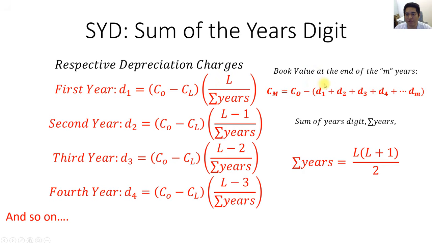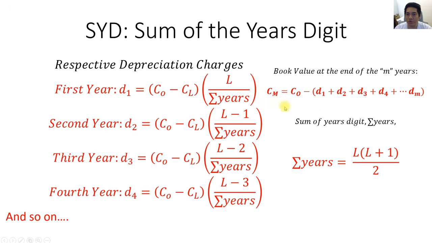So how about the book value? The book value can also be computed by C sub M, where M is the book value after year M. Let's say the first year: C sub 1 equals the first cost minus D sub 1. That will be the book value. For year 2, C sub 2 equals the first cost minus the quantity D sub 1 plus D sub 2, because the book value is the first cost minus the total depreciation.